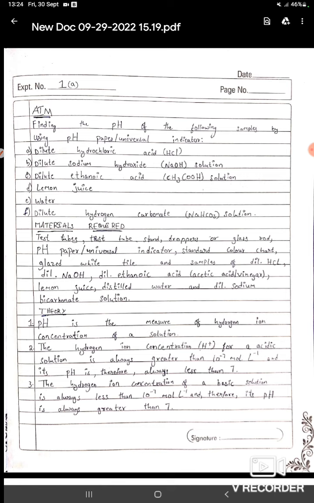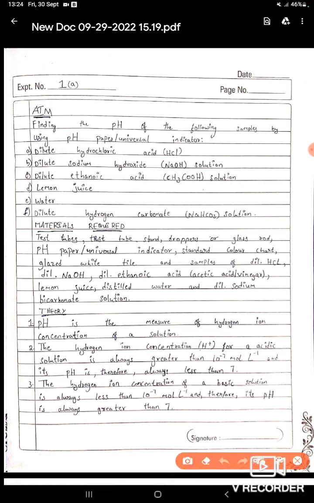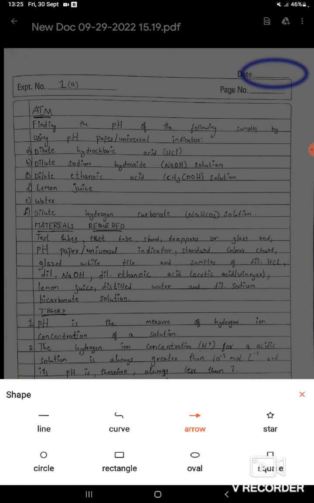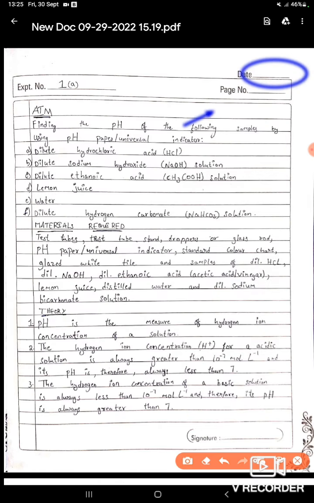Okay, so let's discuss. First, you should maintain the date here in a particular manner, every time, and you should maintain the particular page number here. For example, 1, 2, 3 and 4 throughout the experiment, throughout the sheets, until you turn to the next series.